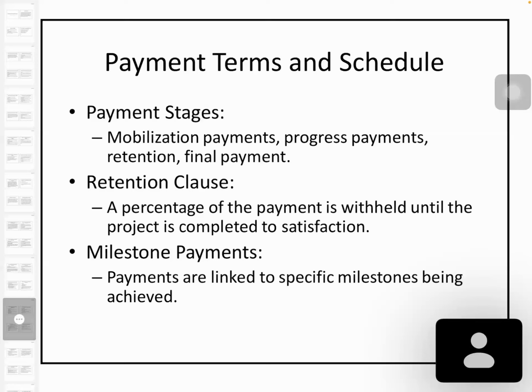Normally we keep the retention at 5%, and we release 2.5% after the completion of the project and the balance 2.5% after the defect liability period. Nowadays, contractors sometimes give a bank guarantee for the retention and the payment is released.